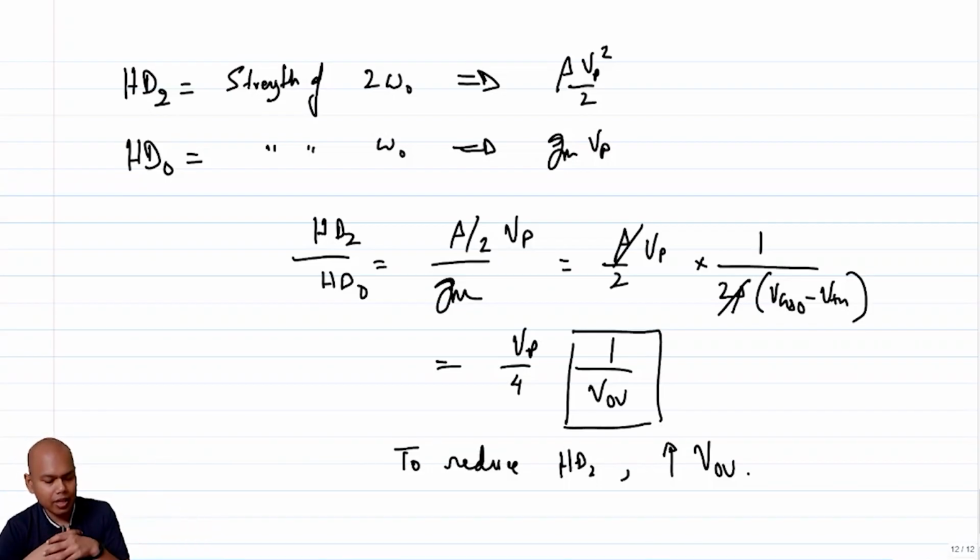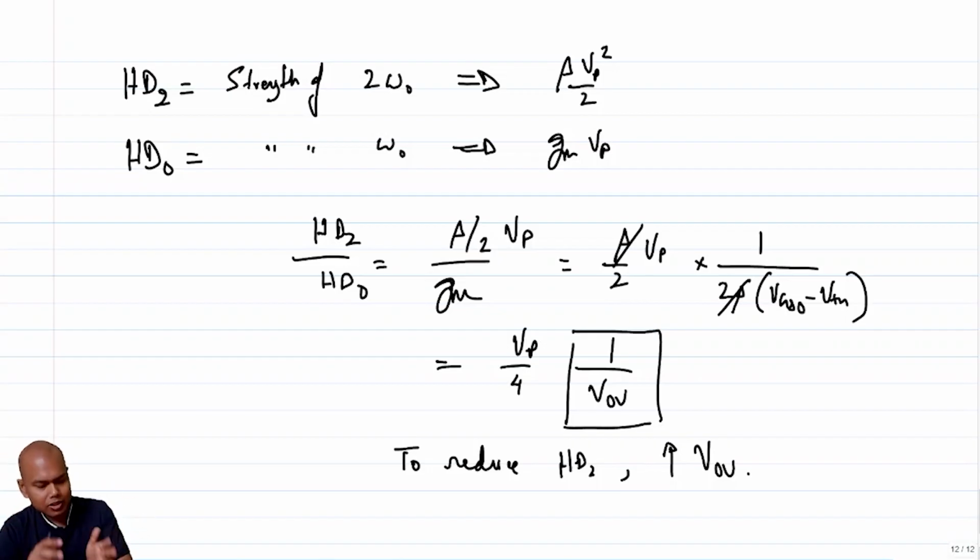Note that in this current context we have not talked about what happens if you run out of headroom, because then the distortion will not appear because of the input swing. It will start to appear because of the output swing. In the model that we have just taken, we have assumed that the transistor is always in saturation, and the distortion is only due to the VGS nonlinearity. We have not taken into account what happens if the signal swings and your transistor goes out of the saturation region, which will also cause distortion.